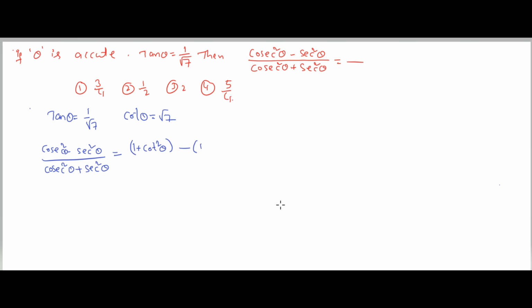Minus sec²θ, that is 1 plus tan²θ, by cosec²θ, that is 1 plus cot²θ, plus 1 plus tan²θ.